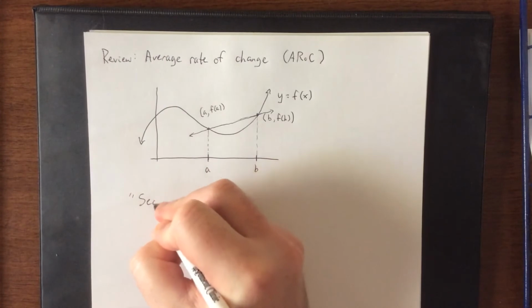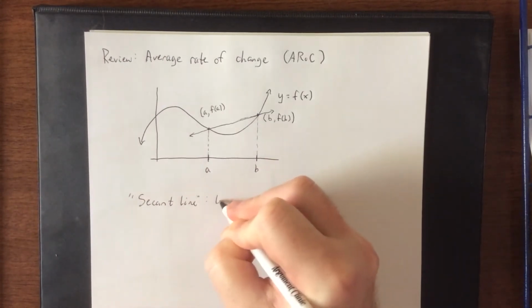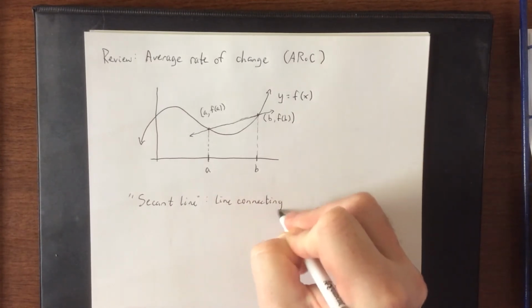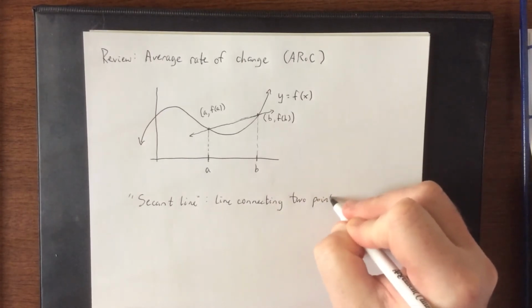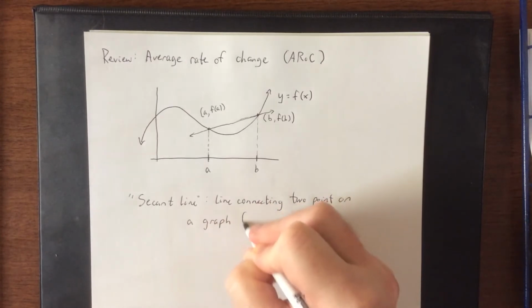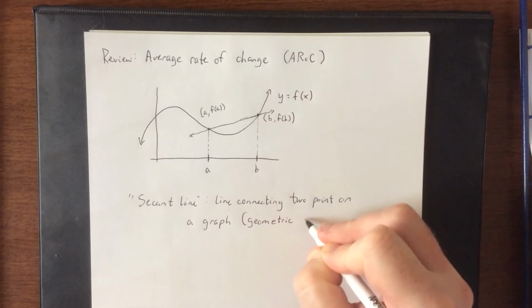This line is referred to as a secant line. This is a line connecting two points on a graph. Or you can really extend that to most geometric figures as well, like circles.